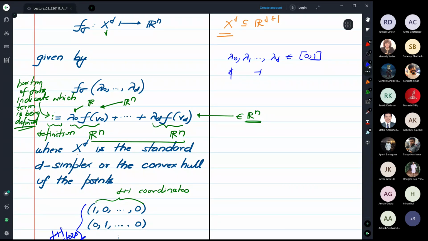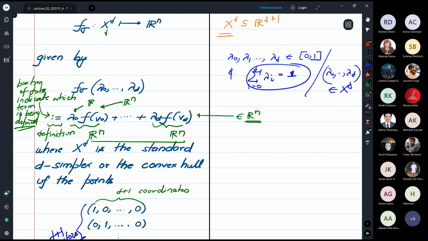And furthermore, these lambda i's, i equals 0 to d, have to sum up to 1. So these two conditions follow from the fact that this vector lambda 0 to lambda d lies in xd. Is this okay? Yes. So that condition automatically implies these subsequent conditions on these coordinates lambda 0 to lambda d.